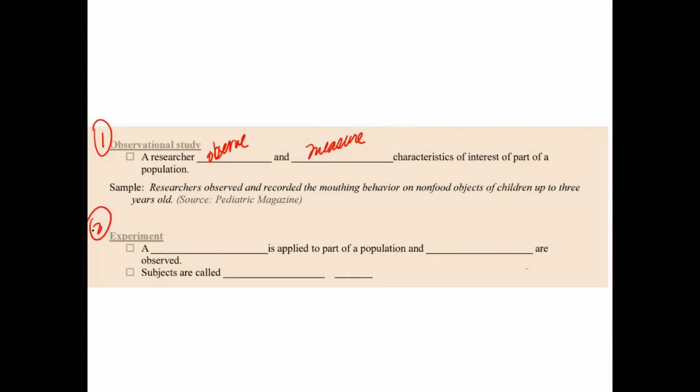Second type of study is an experiment. It is when a treatment is applied to part of a population and responses are observed. And the subjects are called experimental units. That is the second type of study.